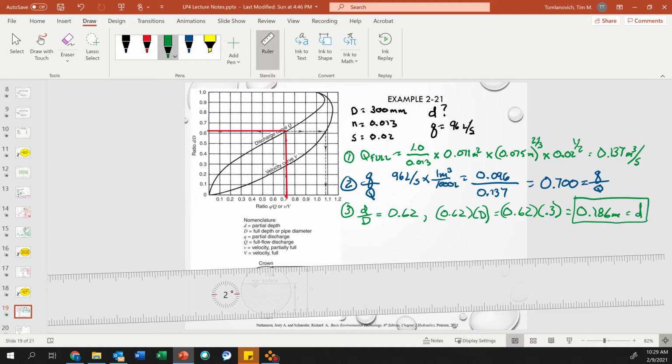Okay, so I solved that equation. Okay, is there anything else they're asking me?